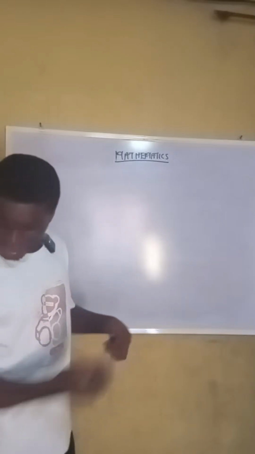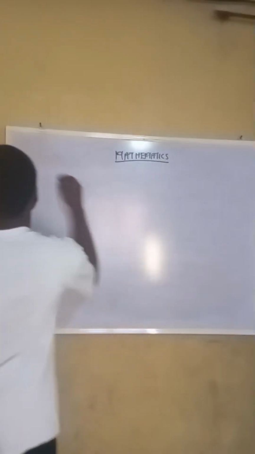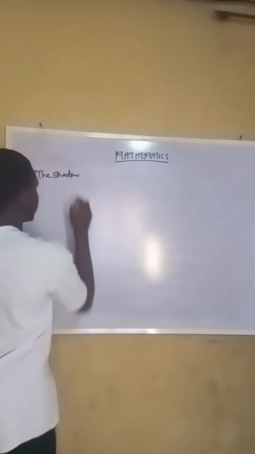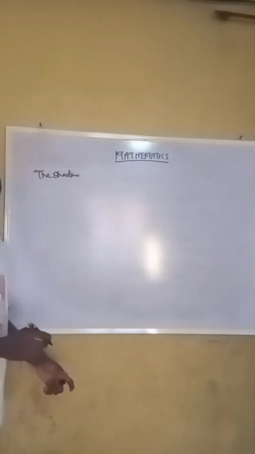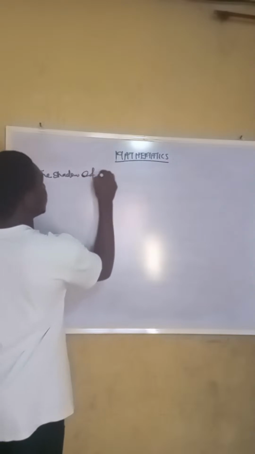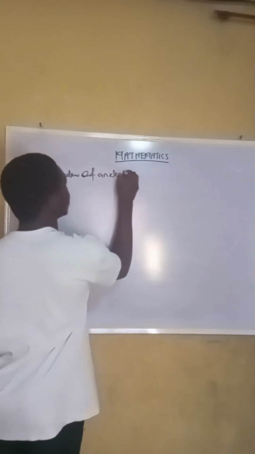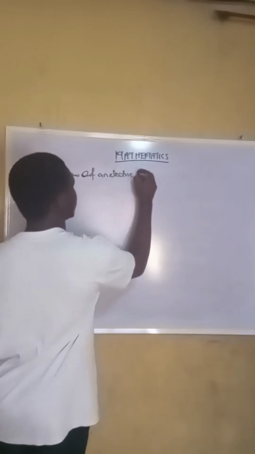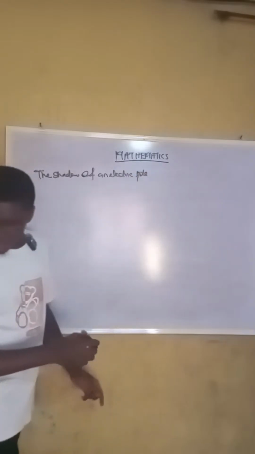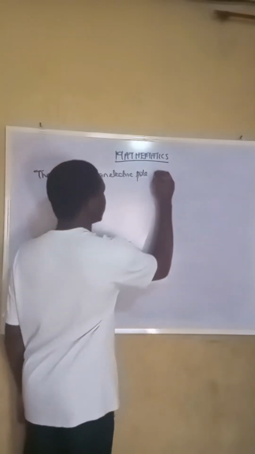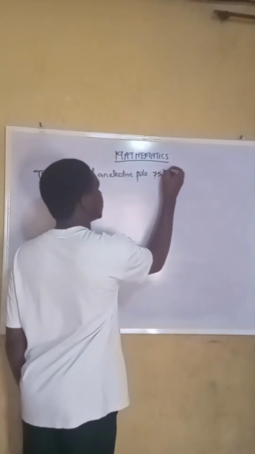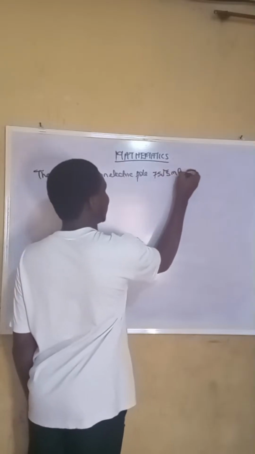Okay, so let's proceed without wasting time. We have the shadow of an electric pole. The electric pole is 75 root 3 meters high.